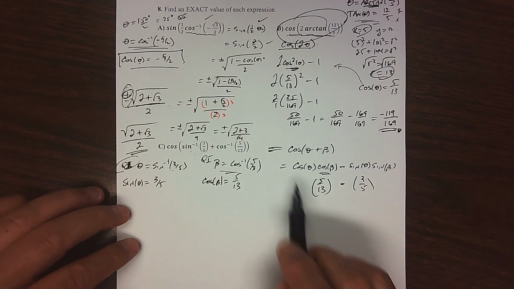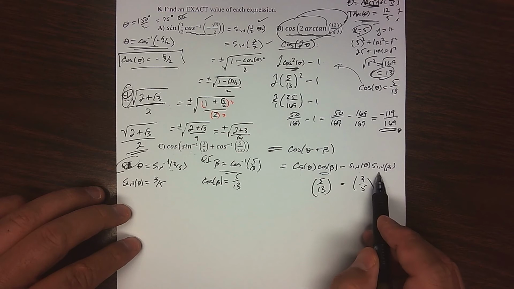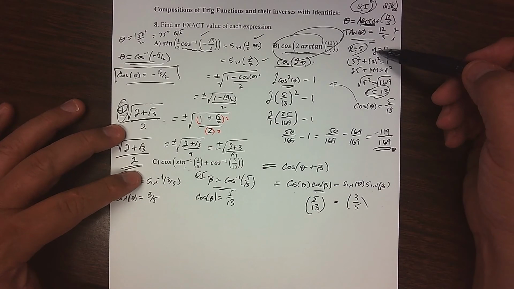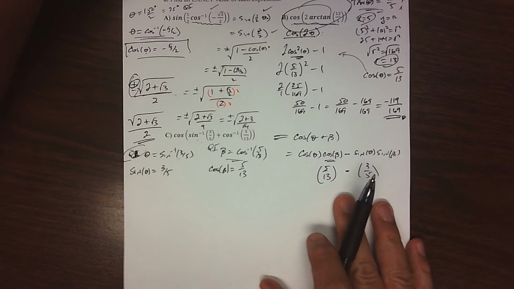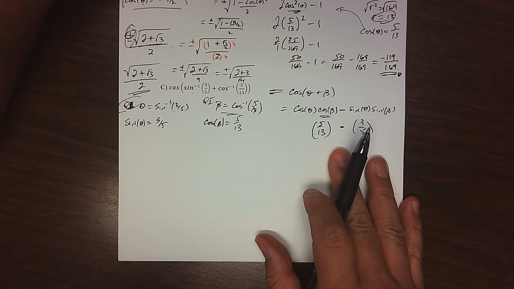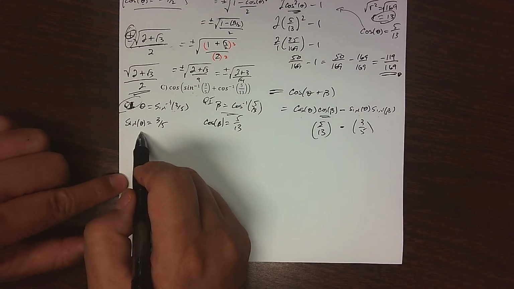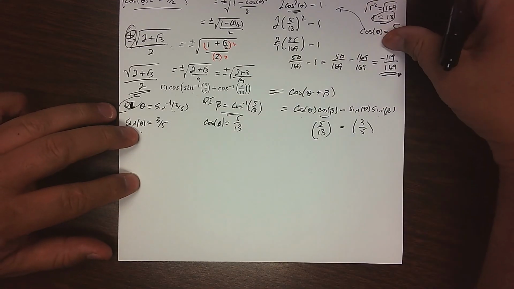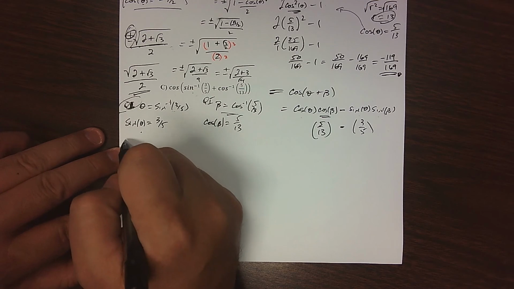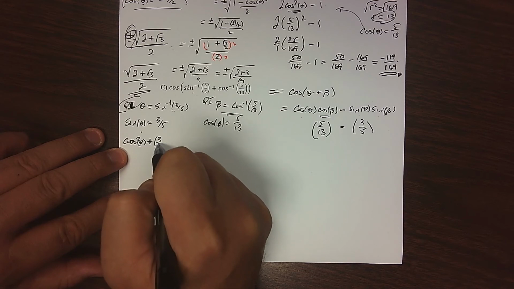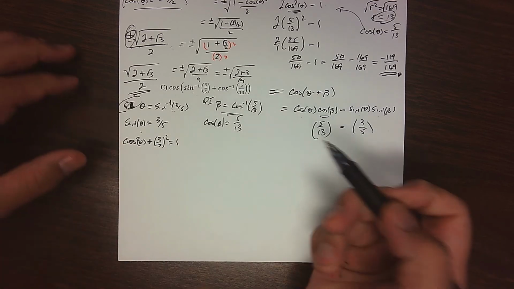And again, how do I find the cosine of theta or the sine of beta based off of what I know? Lots of choices. We can use XYR definitions, right triangles, trig identities, whatever you want to do to get the job done. So how about I use a trig identity for this one, since we used XYR definitions earlier. The cosine squared theta plus 3/5 squared is equal to 1.